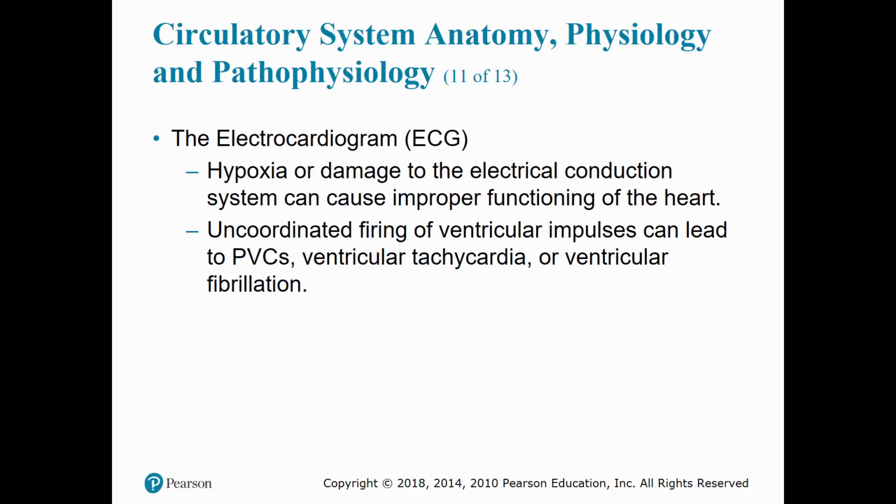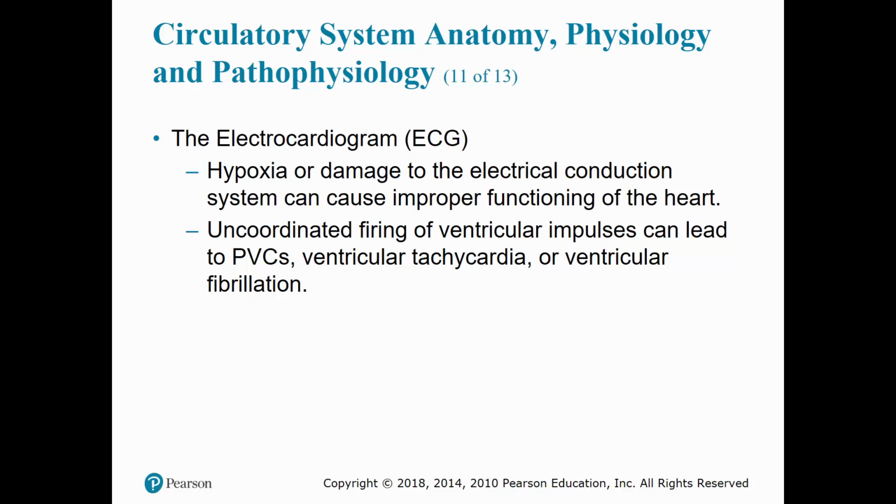Now, the heart muscle can become hypoxic, injured, or even die. Your electrical conduction system can also be damaged or disturbed and cause improper functioning of the heart. Sometimes these conditions produce an irritability of the heart that causes uncoordinated firing of electrical ventricular impulses called premature ventricular complexes, or PVCs.